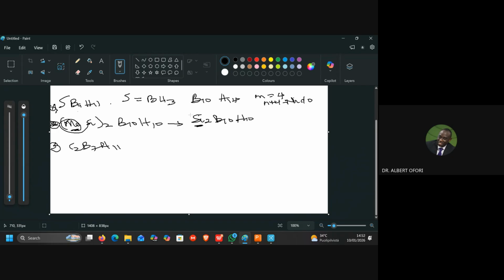So what's the equivalent for that? BH, and we have 2 of that, so B2H2. When we combine, that is going to be B12H12. So the m is going to be 0. And n+0 is going to give us what shape? Closo. Super close.